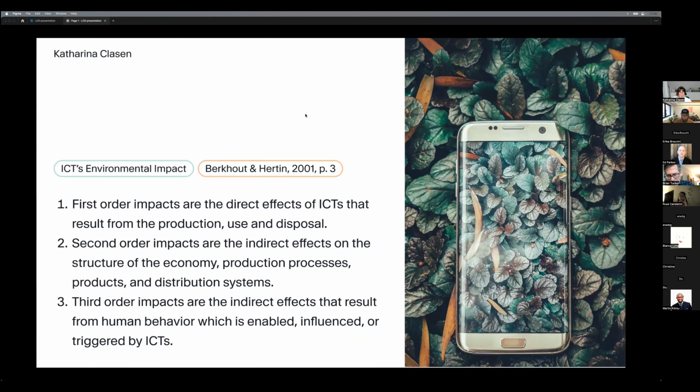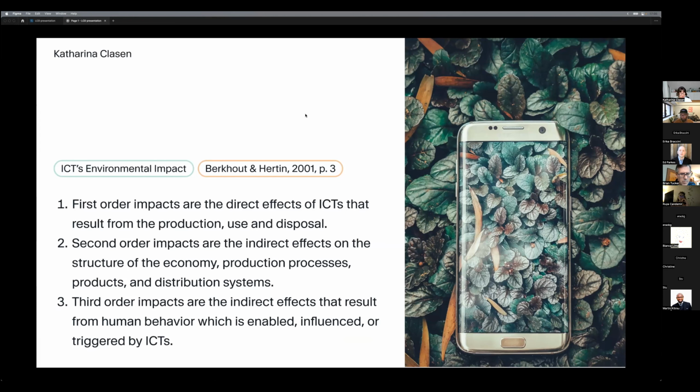And they can further be categorized into three categories. So first order impacts are the direct effects that result from the production, use, and disposal. I think that's very easy, all of us can understand. They are always negative, of course. So the first order impacts are always negative effects on the environment.